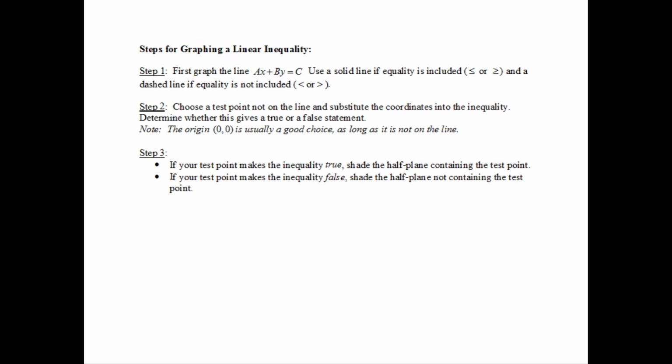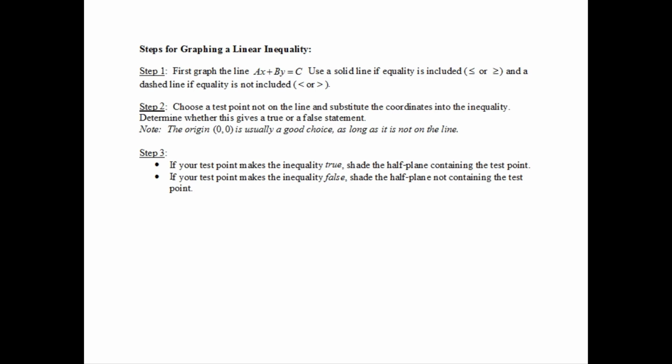Let's go through the general process. Now, sometimes our line will not be written in slope-intercept form, like that first line that we did. And of course, you are always welcome to change it into that form, but really there's an easier way, which I'll show you. First, we're going to go ahead and graph the line. Usually the easiest way to do this is to use the x and the y intercepts.